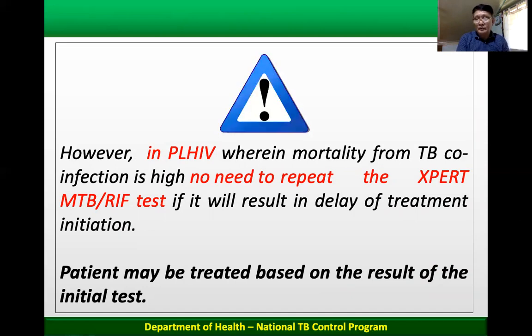We don't need to repeat the test anymore because of the explanation we have above, because it has to do with the high mortality for the TB co-infection. So, okay, I think this is clear.